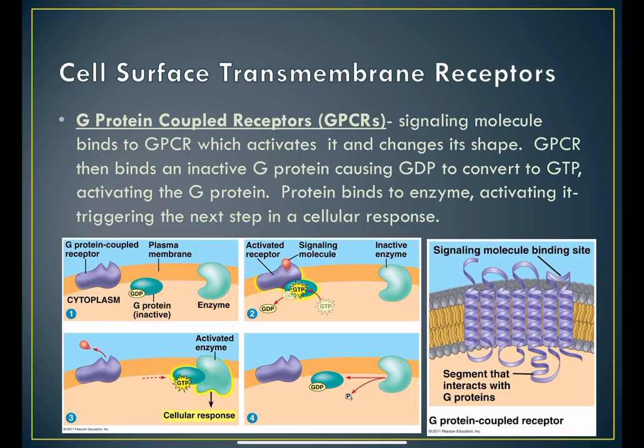Okay, so we're going to talk about a few different types of receptors that are in the cell membrane today. The first one I want to talk about is the G protein coupled receptor, sometimes abbreviated as GPCR. This is a picture of our cell membrane, and this is the G protein coupled receptor in the cell membrane. It's a protein, right?